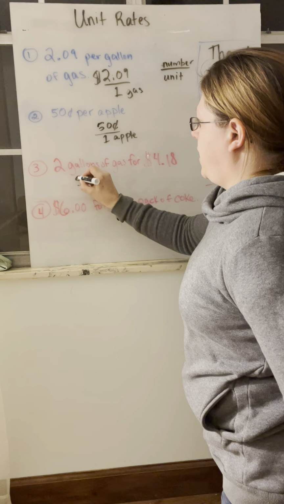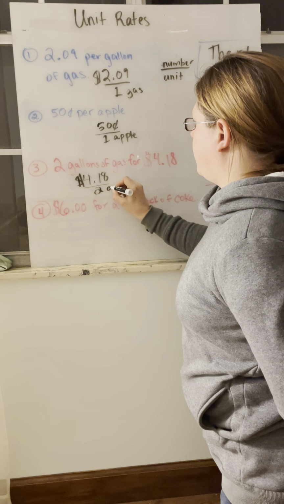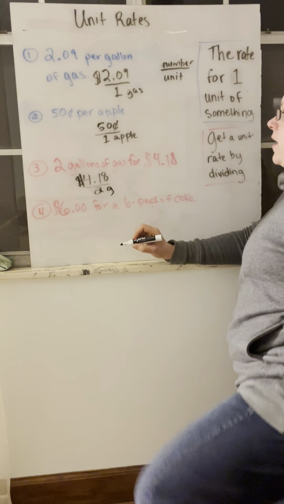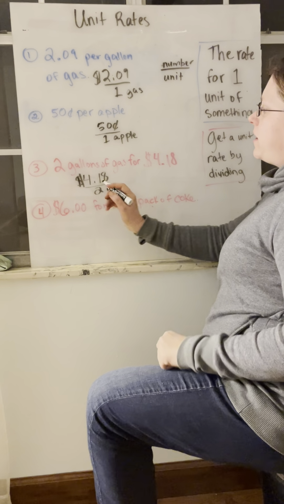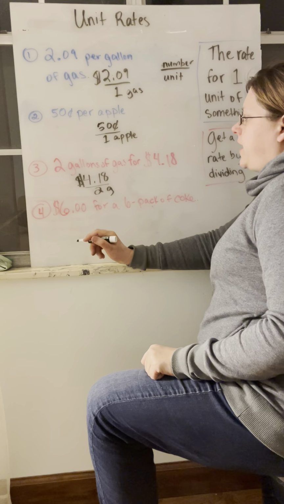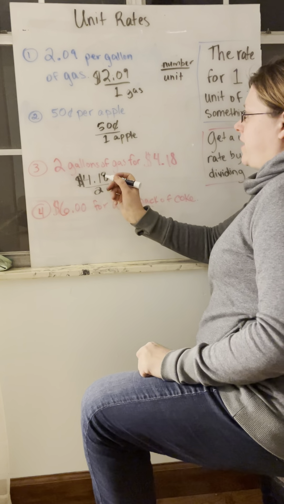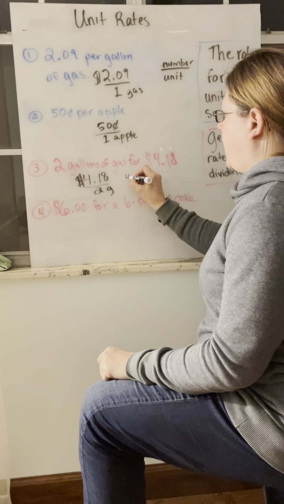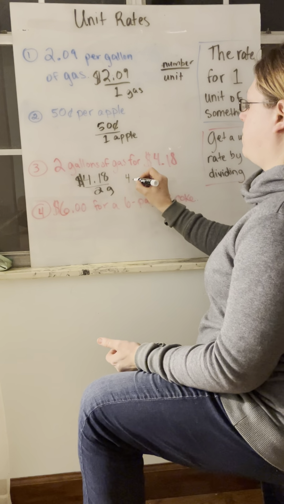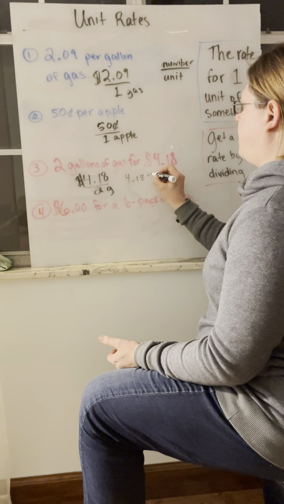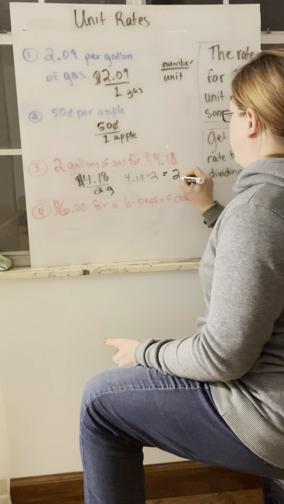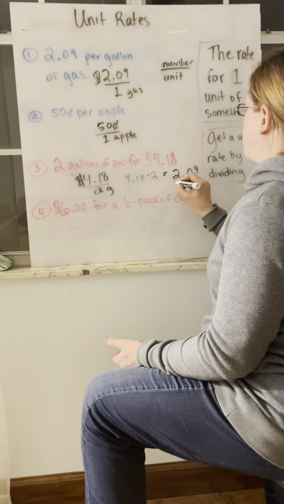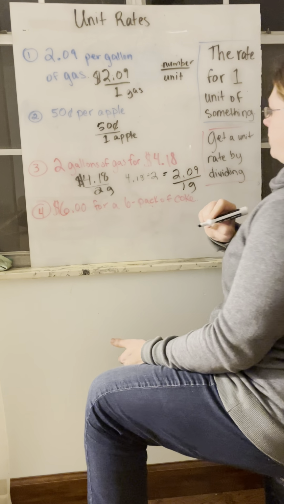So we have money and then gas, right? Well, the way we figure that out is we just divide. If we have 2 gallons of gas for $4.18, we divide this by 2. $4.18 divided by 2 equals 2.09. It's $2.09 for 1 gallon.